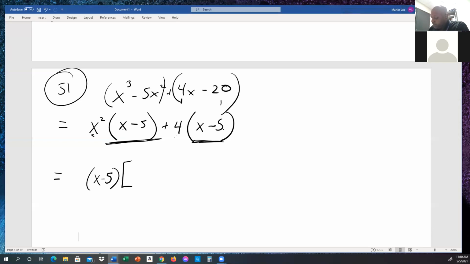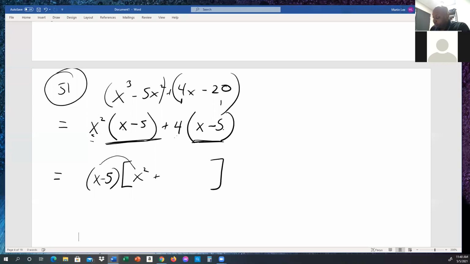And I'm using a square bracket instead of parentheses at first to show you that we're pulling out the common factor of x minus 5. So now we can say x minus 5 times what gives me x squared times x minus 5? It's just x squared.